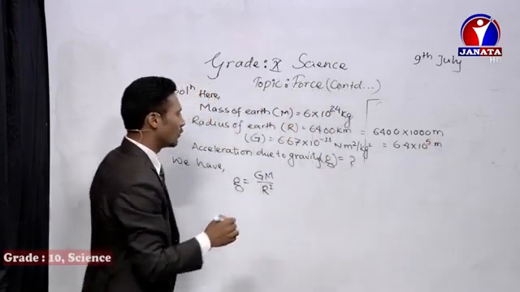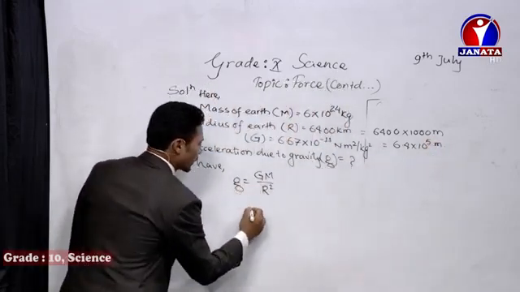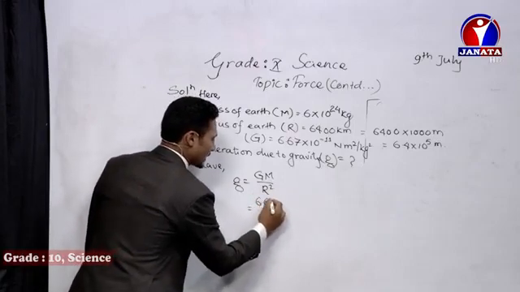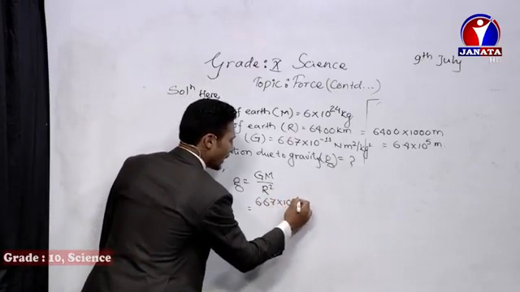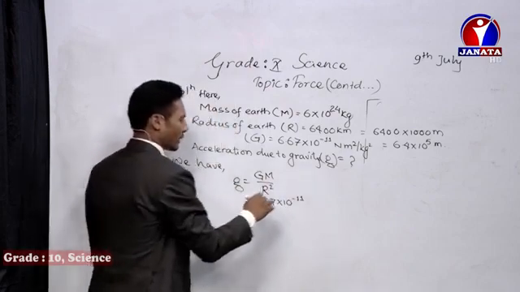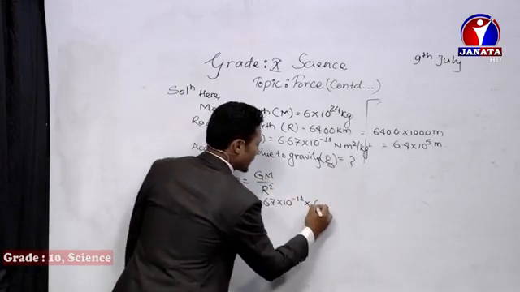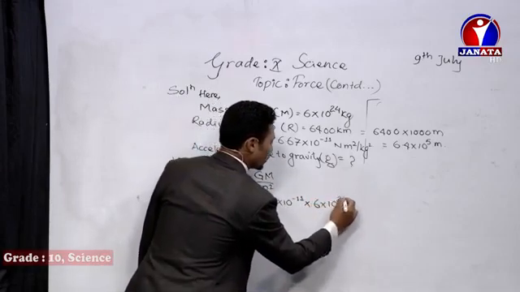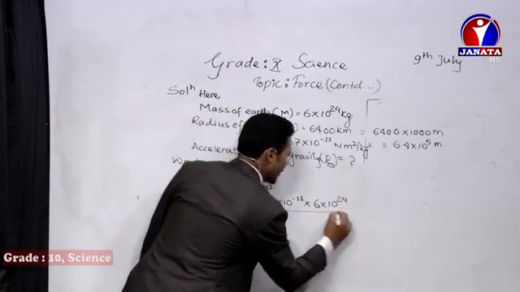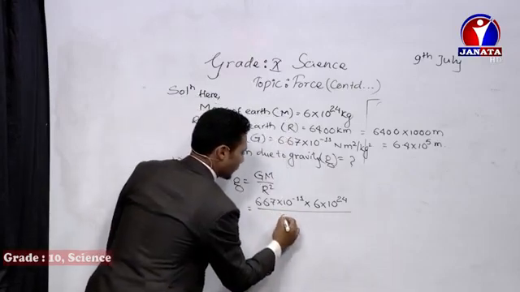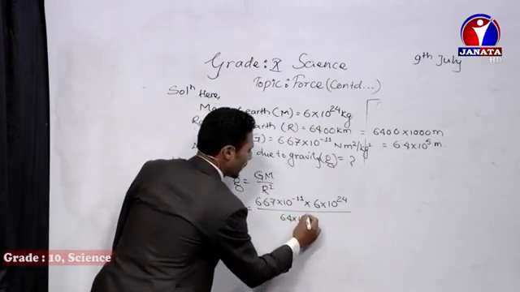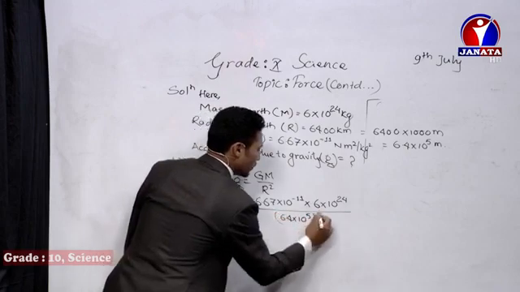So let's put the values in the formula. g equals G, which is 6.67 into 10 to the power minus 11. Let's not write the units now; later on we will write them. The mass is 6 into 10 to the power 24 kg, and the radius is 6.4 into 10 to the power 5 to the square.